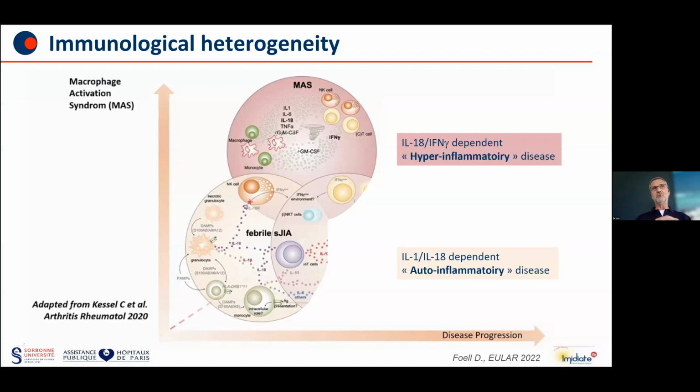The adaptive immunity is the one, with lymphocytes for example, in charge of reacting against a specific aggression or infection, and so you develop a very specific response to this aggression. And here, IL-18 is still important, but interferon gamma is also a key player. So this is important to recall, a very simplistic way of explaining the disease, but it's a way to see what our modes of action are in terms of treatment.